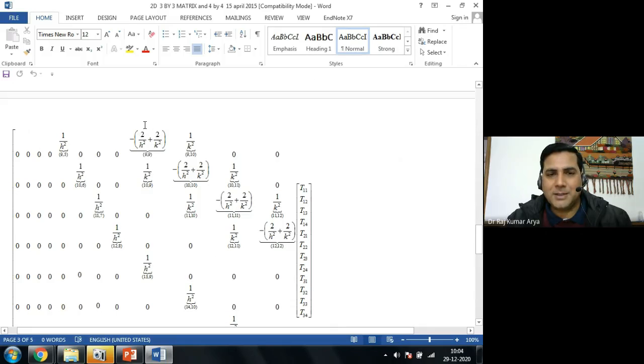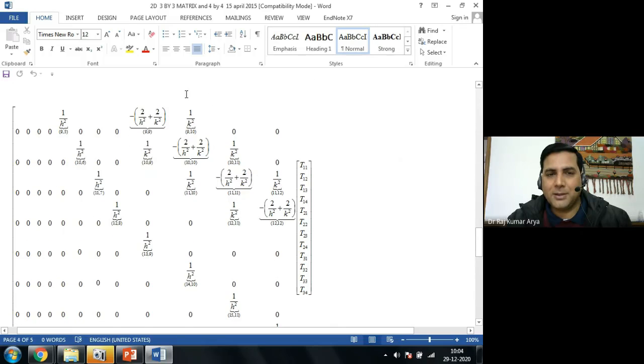And after a long time, you are getting these elements again. Minus 2 by h² has come again at 9,9, right? At 9,9 you are getting the same. So 9,9, 10,10, 11,11, and this one. Is it the same, or is it the ninth row? It is practically the ninth row, okay?